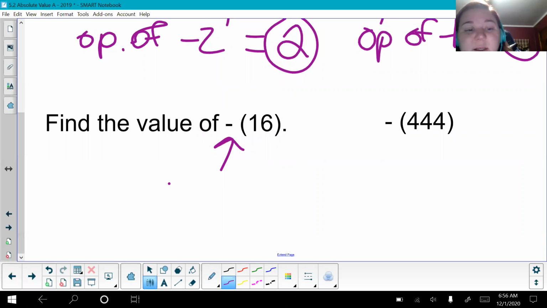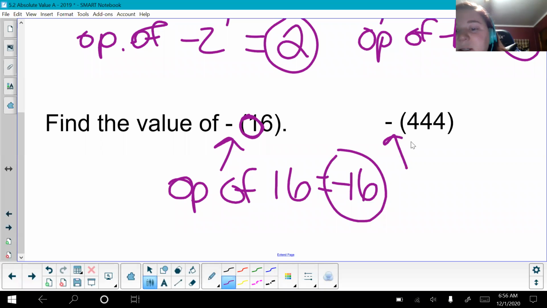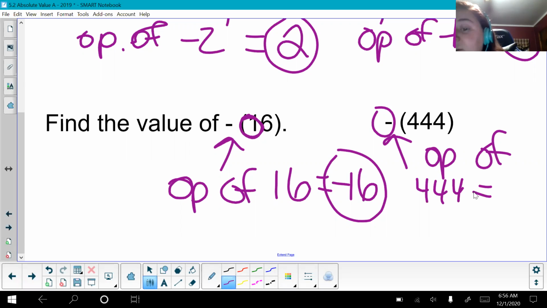This says take the opposite of 16. See how there's not another negative here? So it's just -16. And this says take the opposite of the opposite of 444, but there's not another negative here, so it doesn't cancel out. So -444.